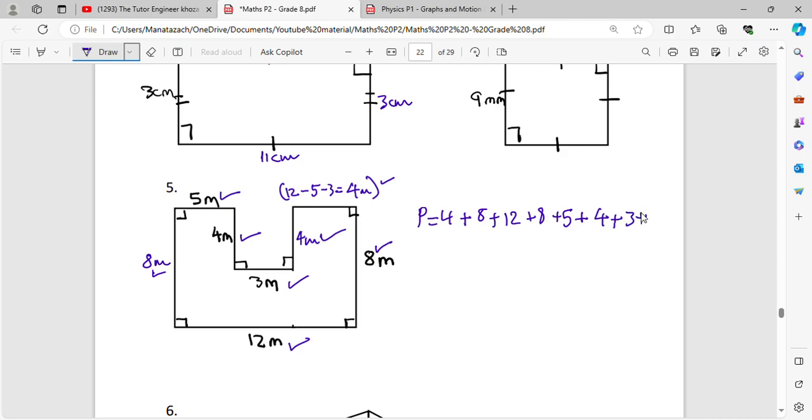So the perimeter, we'll put all of these numbers on the calculator. So the perimeter is 48 meters.